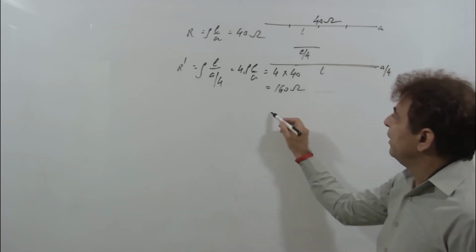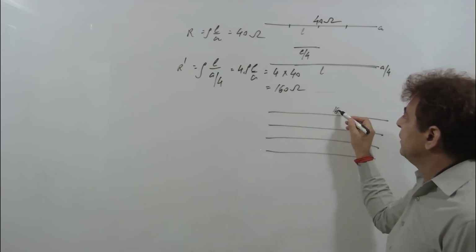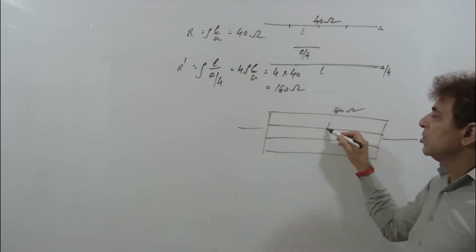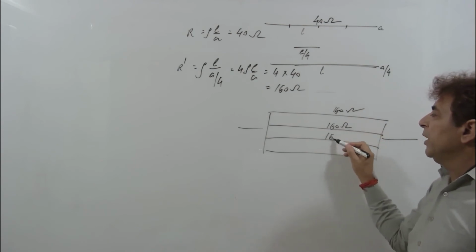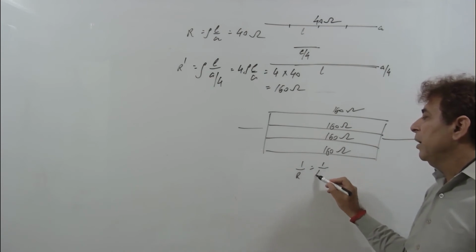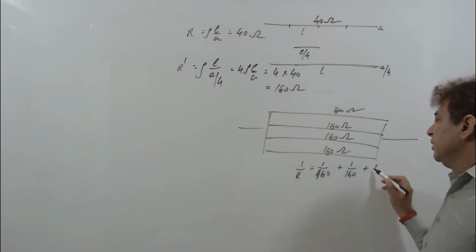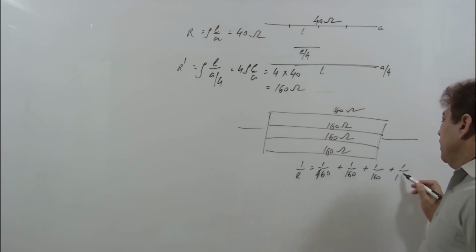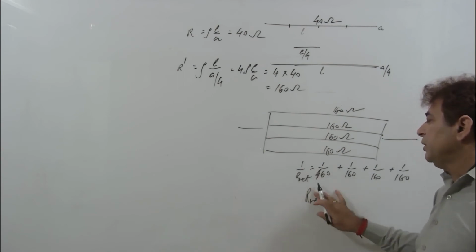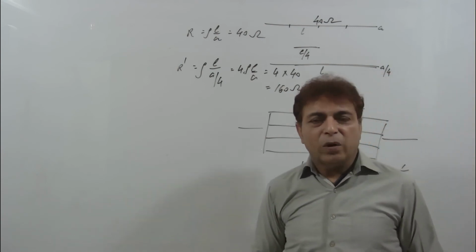So each wire after being stretched will have a resistance of 160 ohm. चारों की रेजिस्टेंस 160 each. पैरेलल का फॉर्मूला लगाया जाए, 1 by R equal to 1 by R1 plus 1 by R2 plus 1 by R3 and so on. The net resistance comes out to be how much? 40 ohm. हर केस में ऐसा ही होगा.